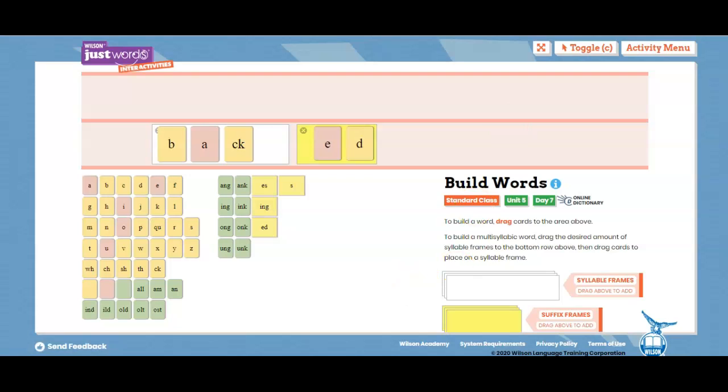Okay, so even in a word like this, backed, if we're thinking about a word that has a base word and a suffix, even though it's got that kt sound, we're thinking about if it's a multisyllabic word or if it's a one-syllable word that has a suffix. Okay, so that's something we're going to want to be able to pick apart there.